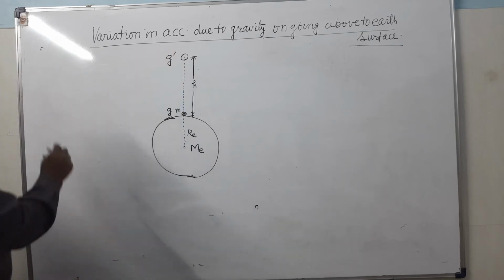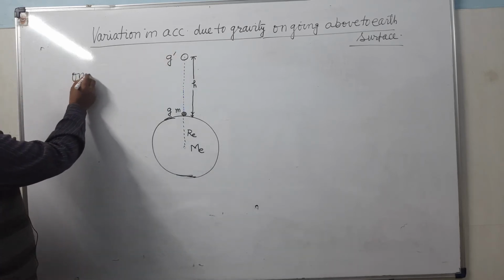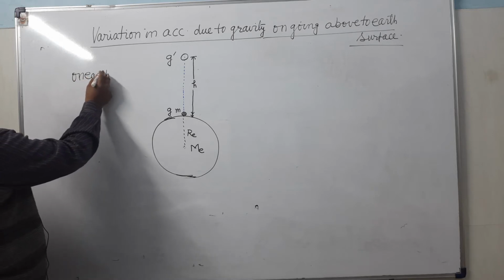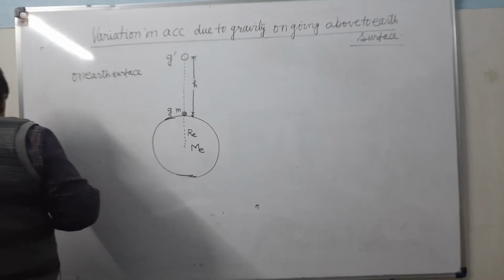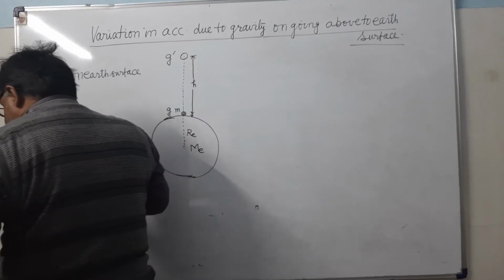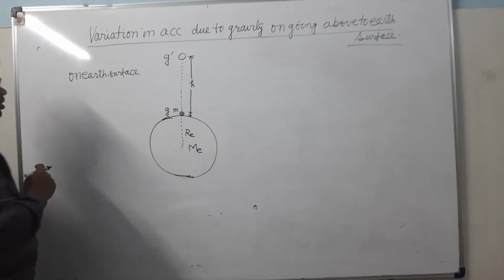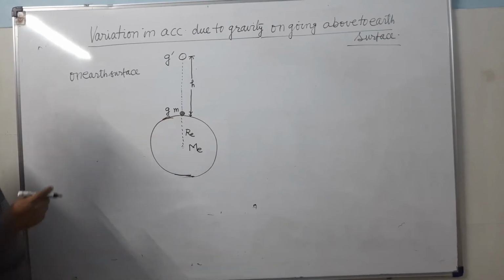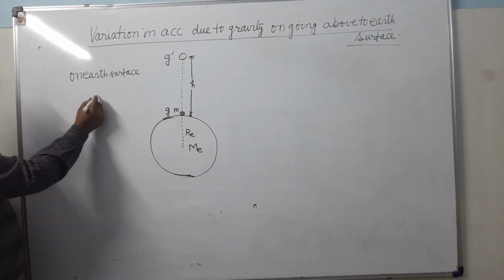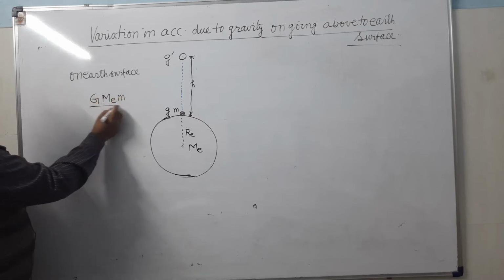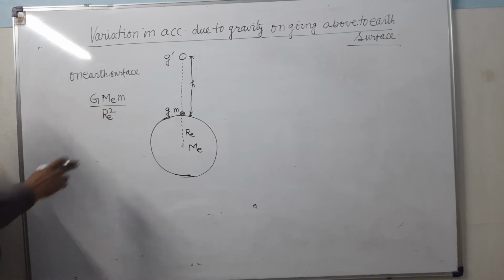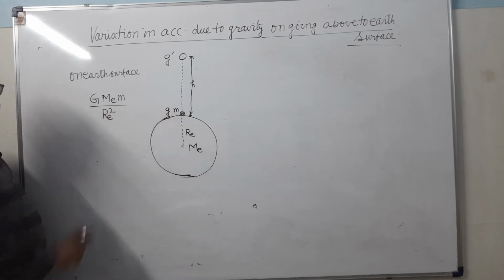So see here, on the Earth's surface, from Newton's law of universal gravitation, we know the force acting on this body will be given by G Me m upon Re square. This will be the force which the Earth exerts on this body when it is situated on the Earth's surface.